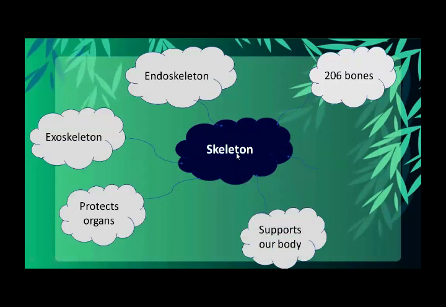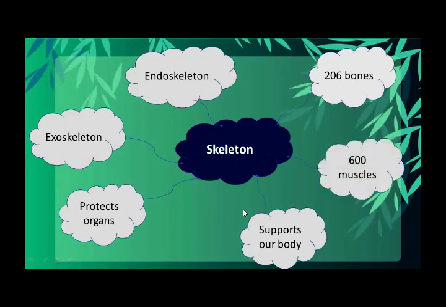That means because of the skeleton we can move, and skeleton helps us to stand upright. We can stand with the help of skeleton. So these two are the functions of skeleton, and the sixth point is 600 muscles. You can take the other points as well. So this is for your guidance. I hope you all are clear on this.